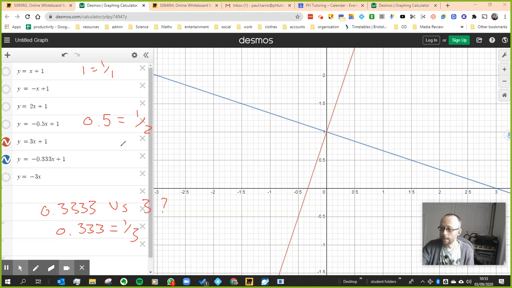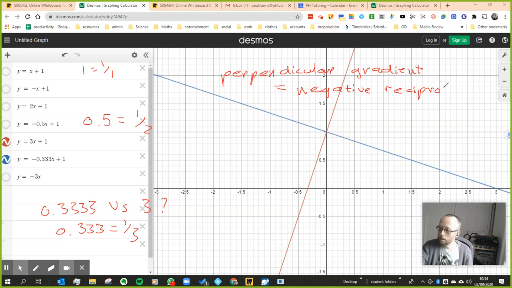So the perpendicular gradient is equal to what we say, the phrase we use is the negative reciprocal.